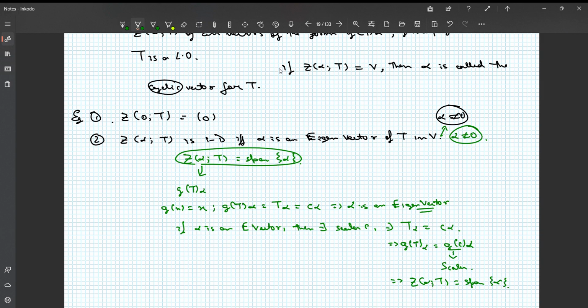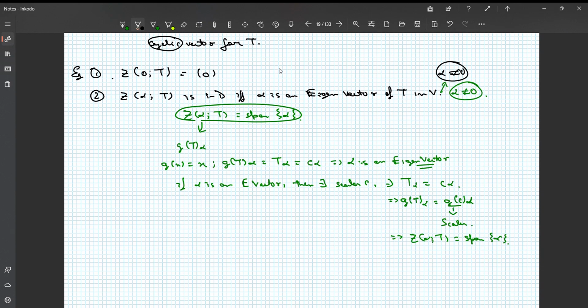And alpha is a single non-zero element, so it is linearly independent and obviously a basis element, which implies that Z alpha T is one dimensional. This was fairly easy.